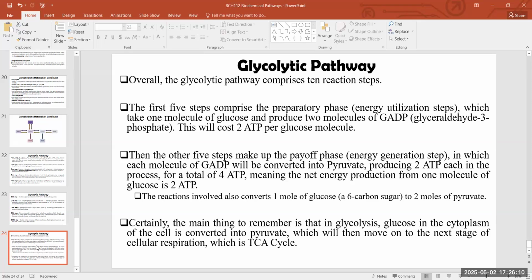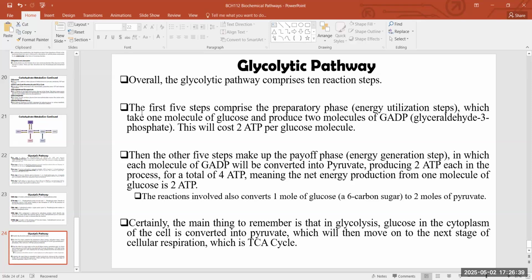This is the summary of the glycolytic pathway, which comprises 10 reaction steps. This summary does not include the definition of glycolysis, so you may start by defining glycolysis and say it involves 10 reaction steps.